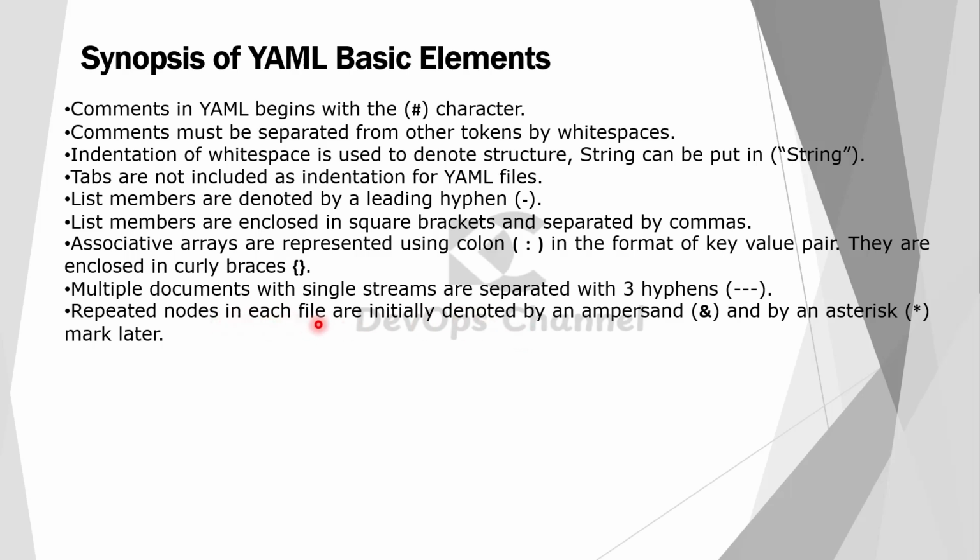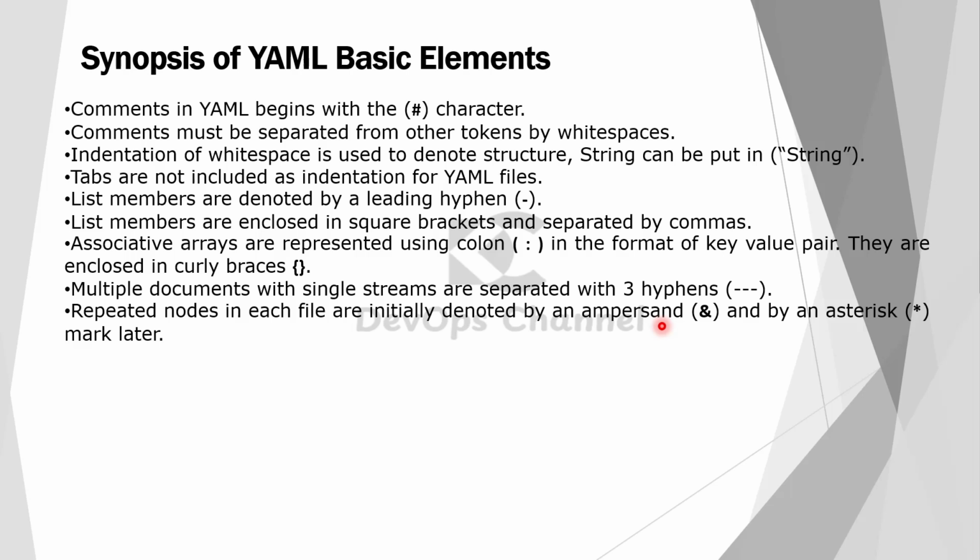Now this is very helpful. Repeated nodes in each file are initiated by an ampersand and referenced later by an asterisk. Suppose you are denoting a key value, for example a brand value called Bajaj, and you want to use the same value later. YML will not take it as the same value each time it is called.